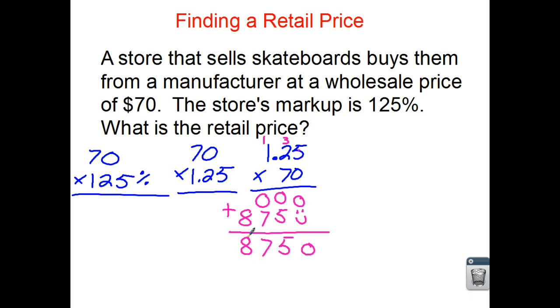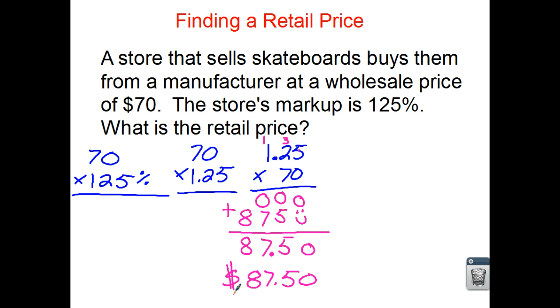Don't forget, we have to account for the decimal in our original problem. So we only have 2 decimals, 1 to the left, 2 to the left. So we take our answer, 1 to the left, 2 to the left, drop it in there. So we have 87.50.